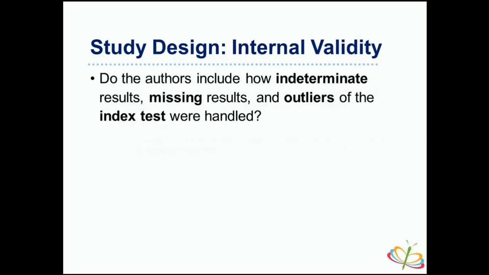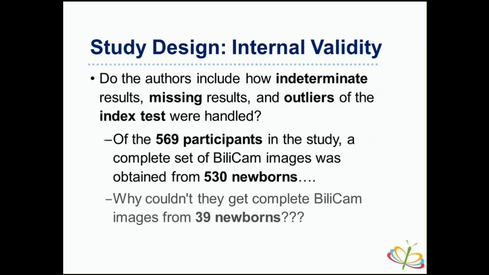Do the authors include how indeterminate results, missing results, and outliers of the index test were handled? They stated that of the 569 participants, 39 newborns didn't receive complete BiliCam images. They don't explain why.